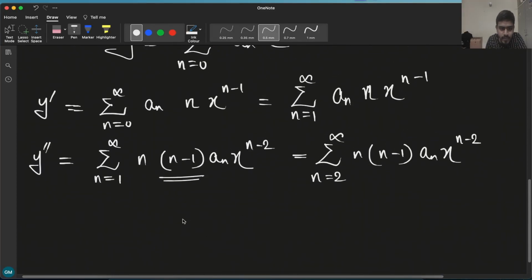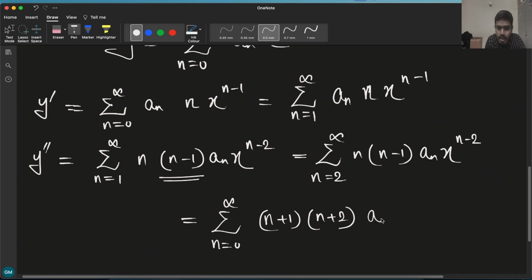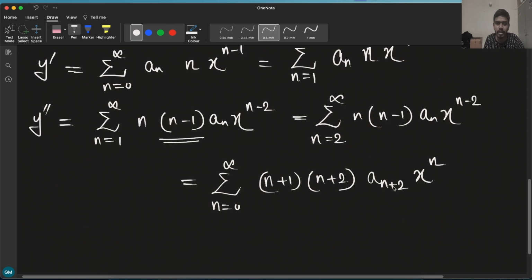Now we can shift the index for y double dash. If we shift the index, it will be sum over n equals to 0 to infinity n plus 1 times n plus 2 times a of n plus 2 times x to the power n. In this index shift, x has a power of n minus 2 and I want x to have a power of n, because we want to do the power comparison.